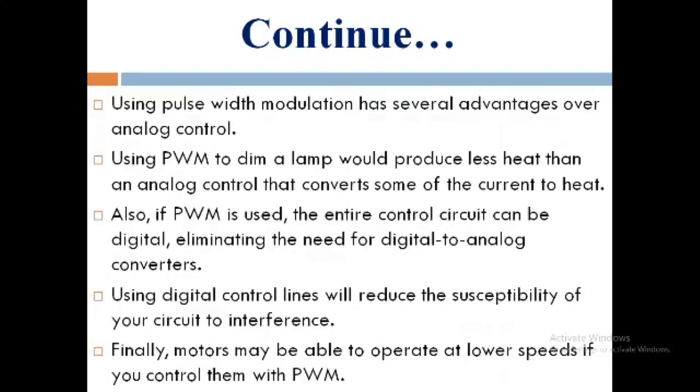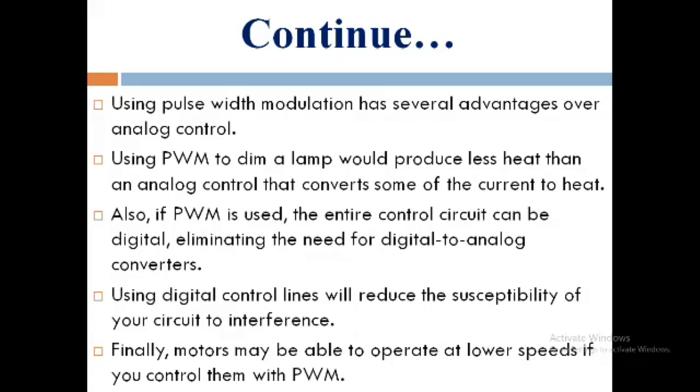Using the pulse width modulation, that is PWM technique, has several advantages over analog control. Using PWM to dim a lamp would produce less heat than an analog control that converts some of the current to heat.